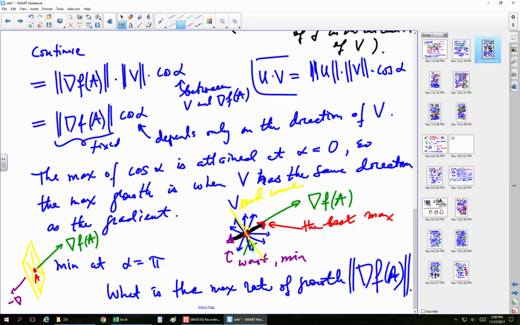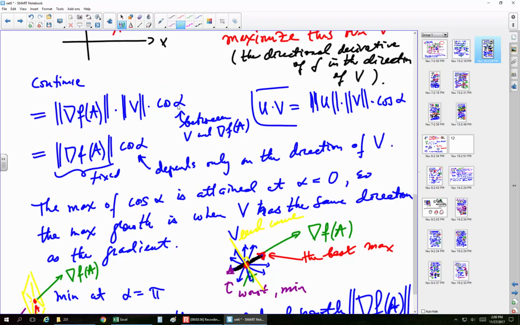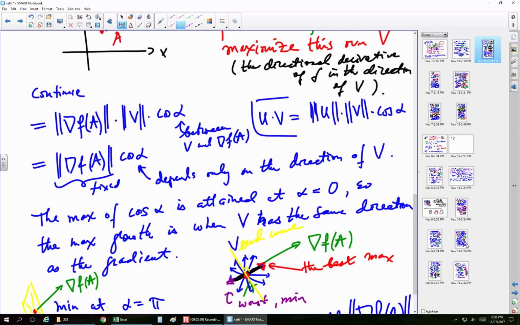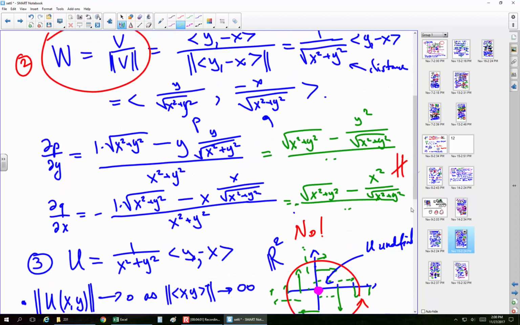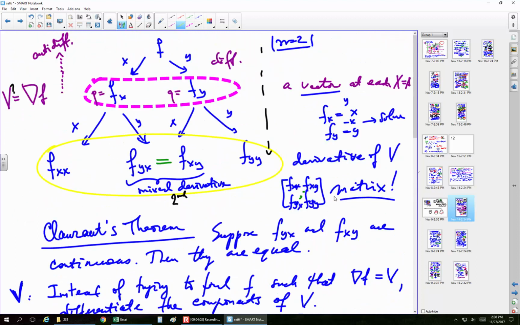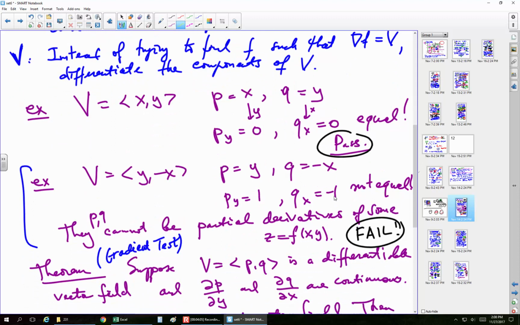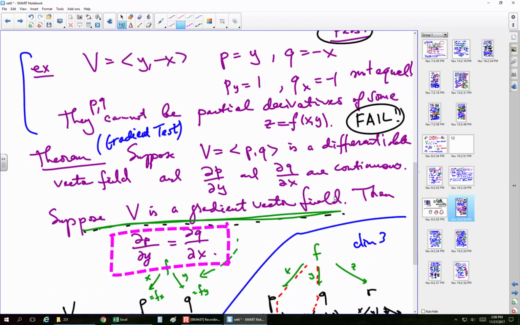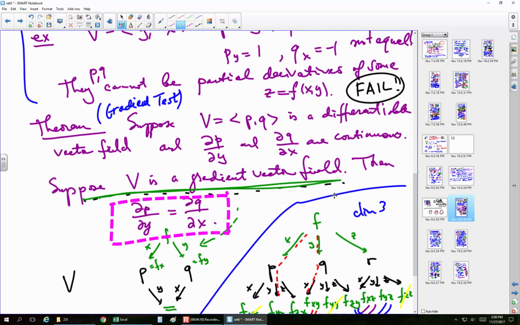Another topic we finished just recently was the gradient test, the test of whether or not a given vector field is the gradient of some function of 2 or 3 variables.